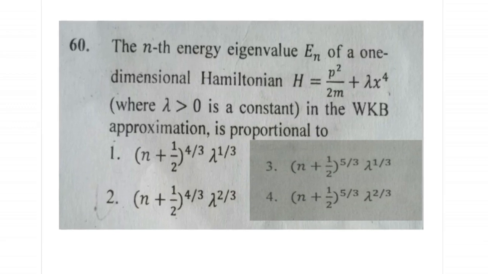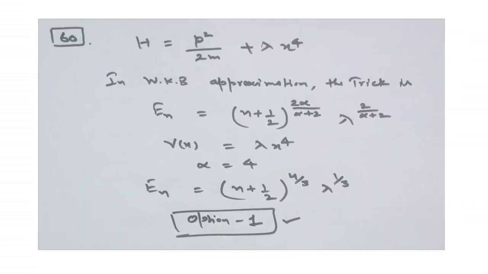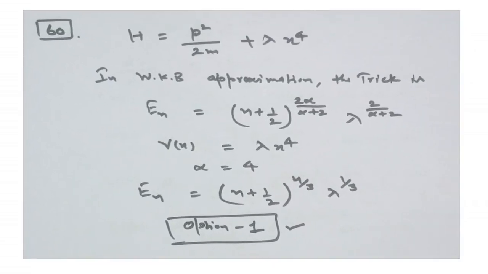Now the next question is: the nth energy eigenvalue En of a one-dimensional Hamiltonian, H equal to p square upon 2m plus lambda x4. Here lambda is greater than 0, a constant. In the WKB approximation, it is proportional to. Now here the Hamiltonian is p square upon 2m plus lambda x4, and the potential part is lambda x4.